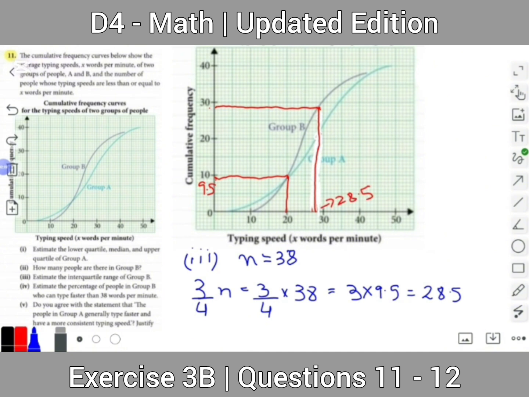So an estimated value of the upper quartile from the cumulative frequency curve representing group B is equal to 28.5.